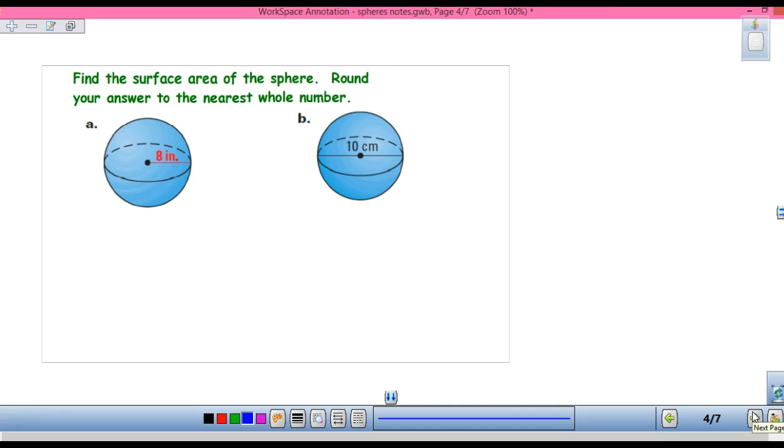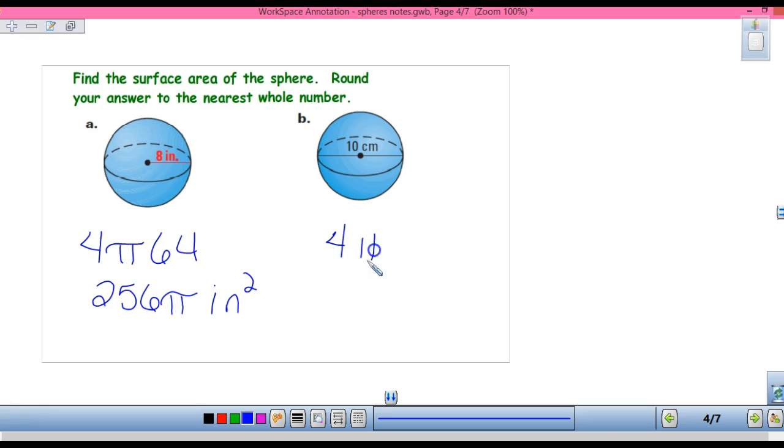So here we're going 4 times pi times, what's r squared? 64. So take your 4 times your 64. So we have 256. We're leaving it in terms of pi. So 256 pi inches squared. Okay, this guy, what's my radius? 5.